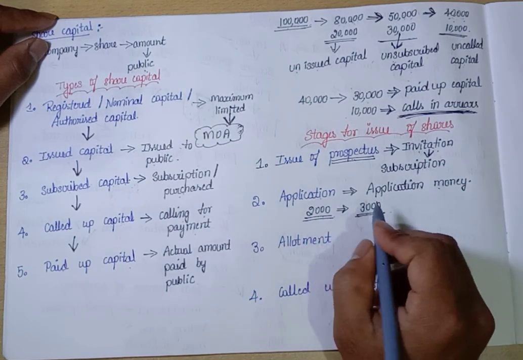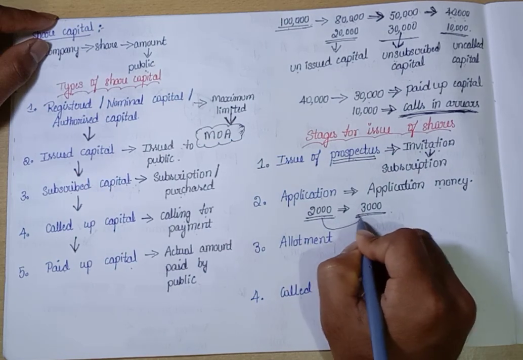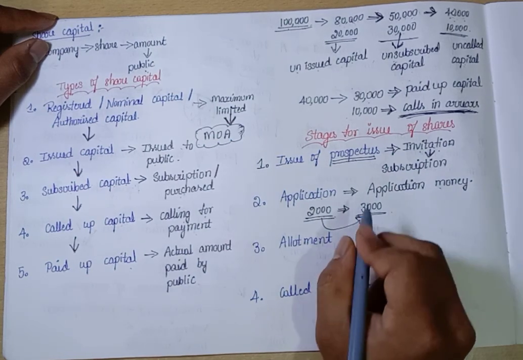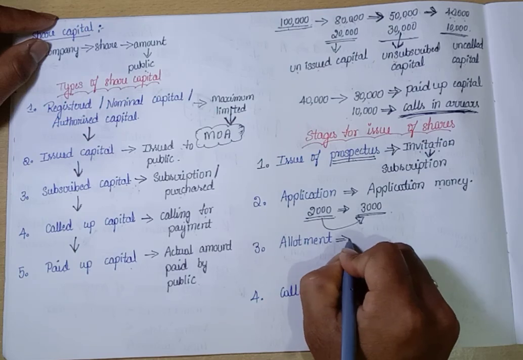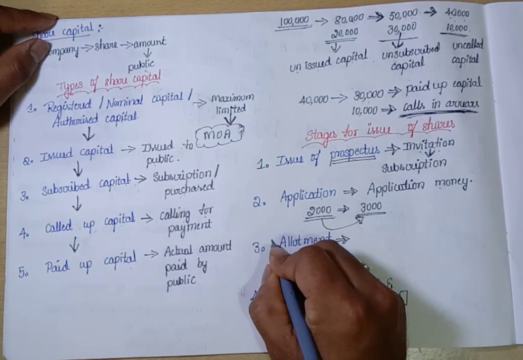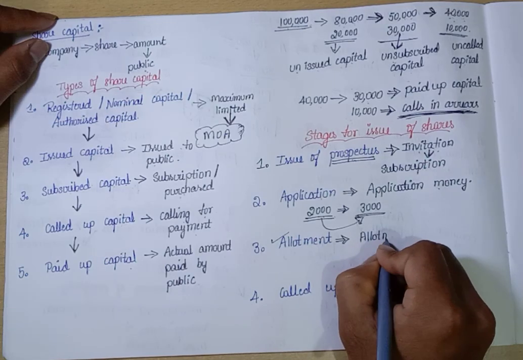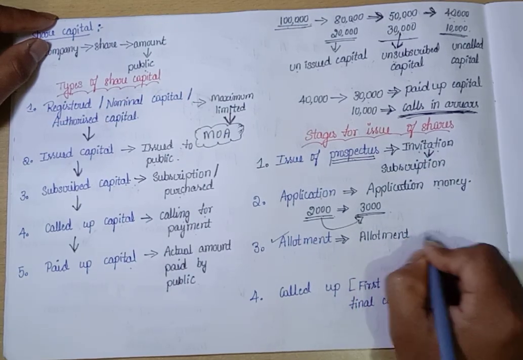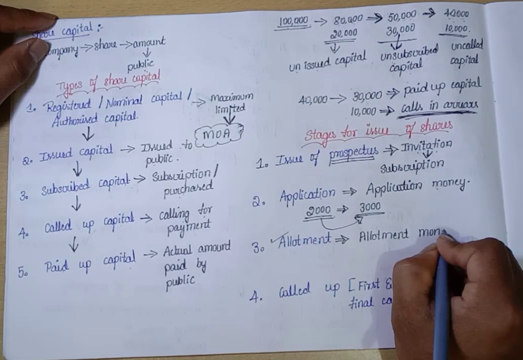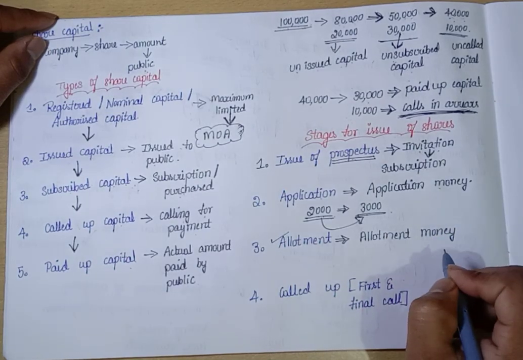So we allot these 2000 shares among the 3000 applications. This process is called allotment. And whatever amount we receive at this allotment stage is called allotment money. Here also we receive it through the bank, so the bank balance will increase.